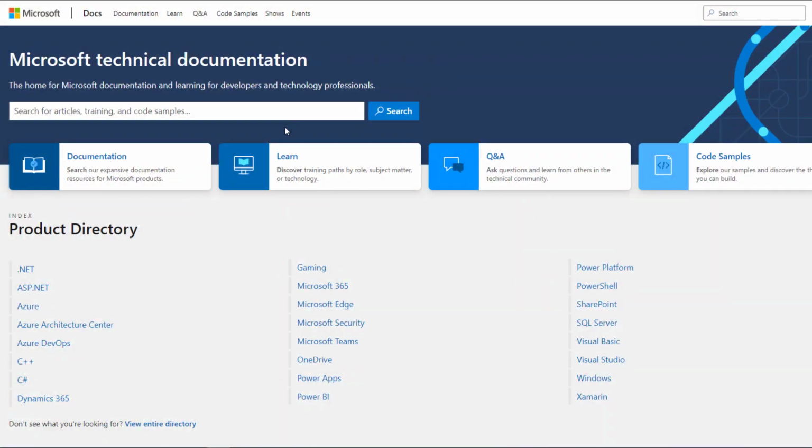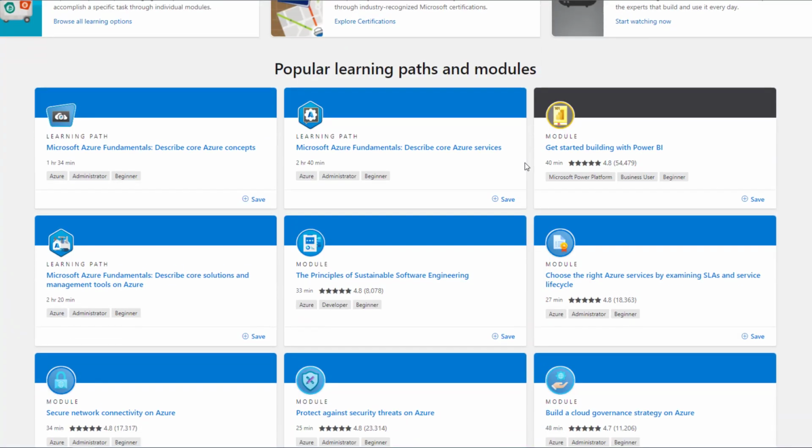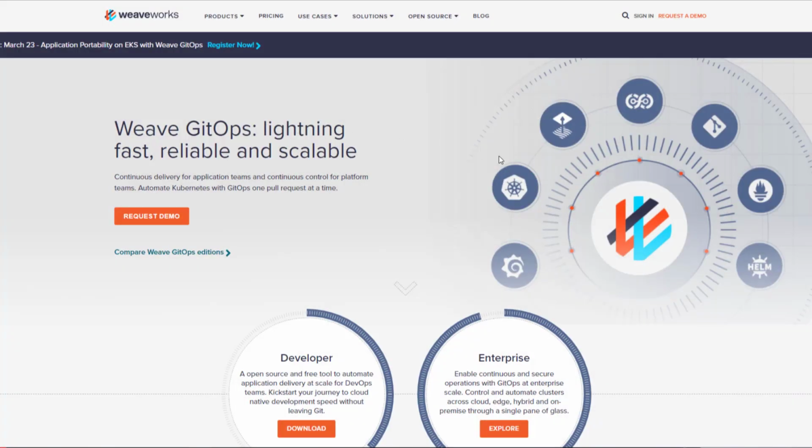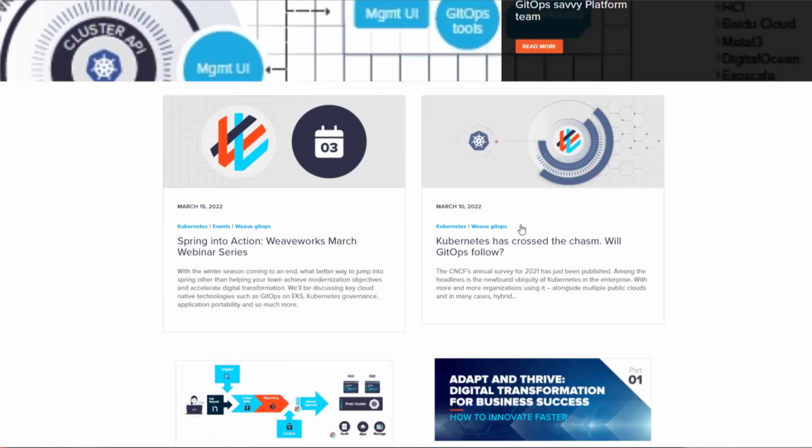There's a ton of information out there. There's also Microsoft's Learn site, where there are free courses and modules that you can look at to learn about this stuff. You can sign up for trials on Azure to get your hands in there and start working with the products. And also, Weaveworks has a great blog out there where they're always blogging about GitOps. So I'd highly recommend checking out Weaveworks and their blog.